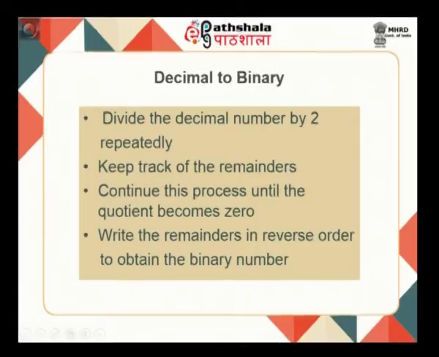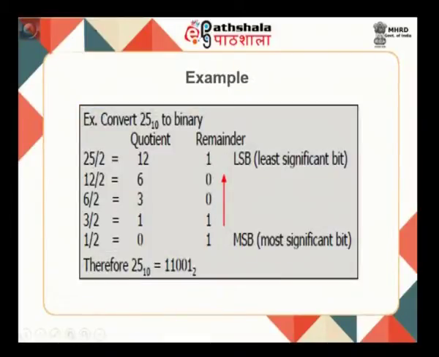To convert a decimal number into a binary number, I have to follow a particular procedure. I divide the number by 2 continuously and keep track of the remainders until I get a 0. Then the remainders alone are considered and written in the reverse order. This is the procedure for binary number conversion.